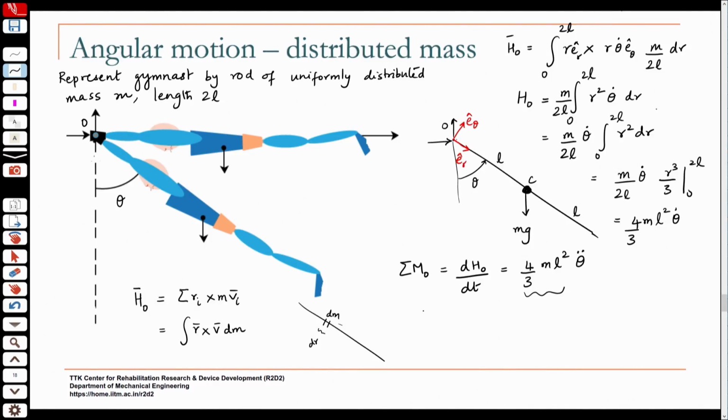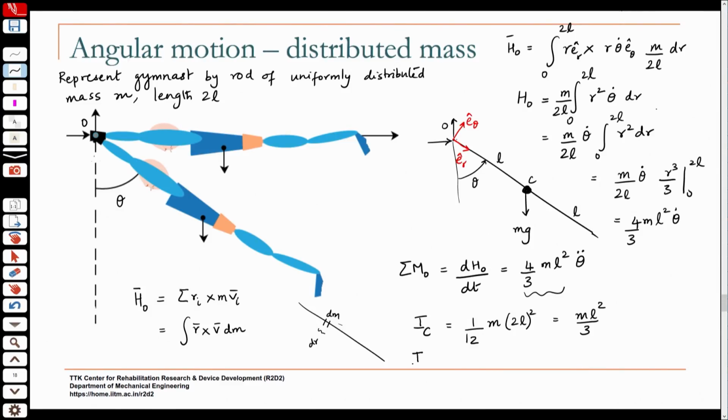Its moment of inertia, for a uniformly distributed rod about its center of mass, is 1 by 12 m into L square. In this case the length is 2L, so this gives me ml square by 3.